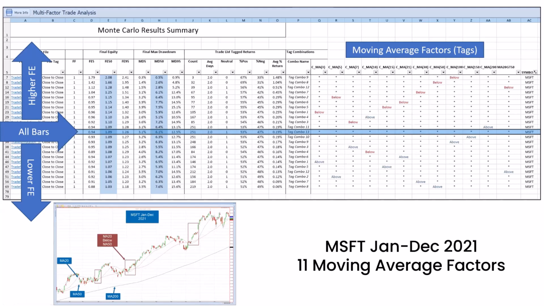Then I thought, rather than looking at just the 20 period and the 50 period, which are very cherry-picked numbers, it's a good idea to run across a variety of moving averages. So my idea was to take a series of moving averages from the 3 period all the way up to the 200 period, going in some kind of sensible progression.